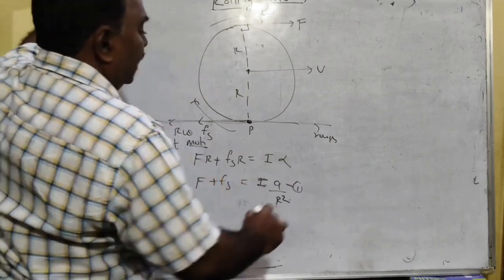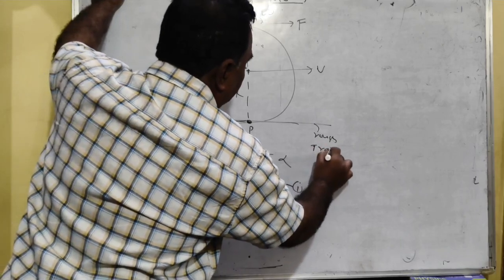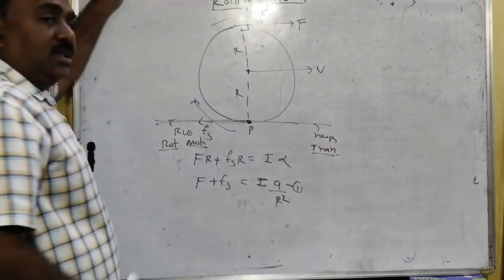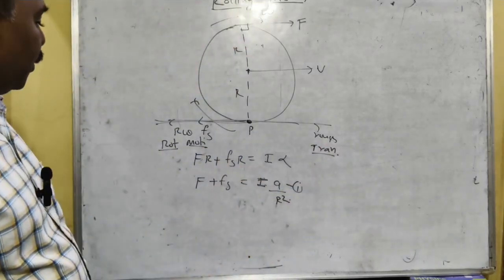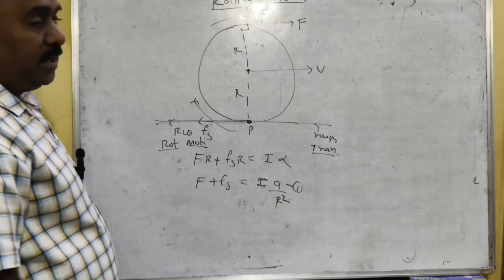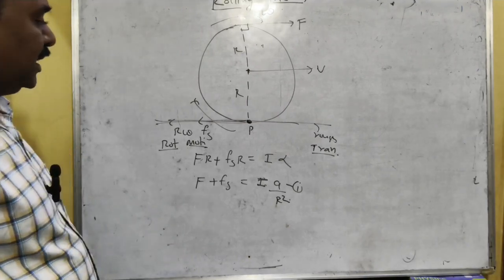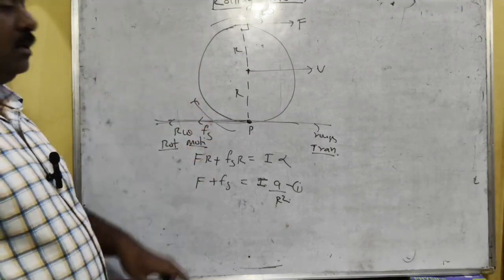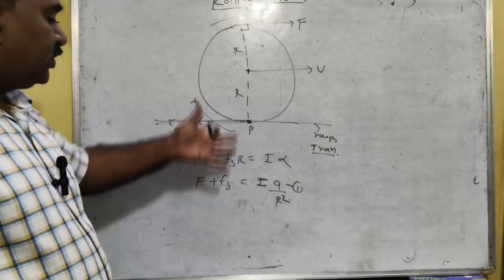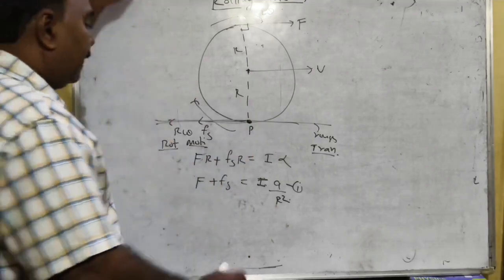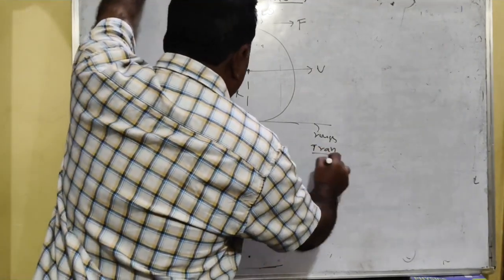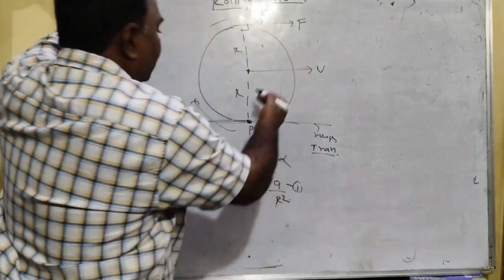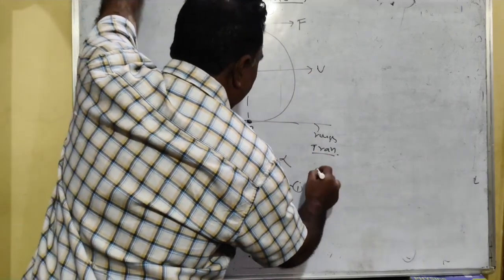Now we consider the translatory motion, because all rolling bodies have a combination of rotational and translational motion. Every time we consider these two motions, frame the equations and solve them, and we will get the required parameters. While considering the translatory motion, what is the net force acting on this rolling body?